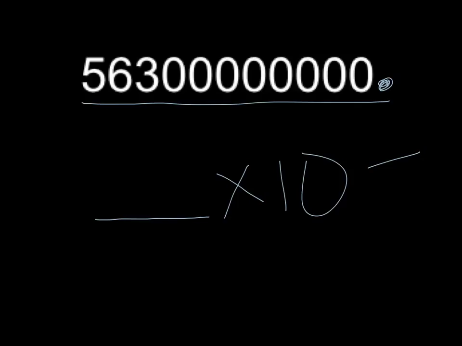If we move it between the 6 and the 3, that gives us 56.3, a number greater than 10. If we move it between the 5 and the 6, that gives us 5.63. Well, 5.63 is greater than 1 and less than 10. So that satisfies the rules for the first number, 5.63 times 10.